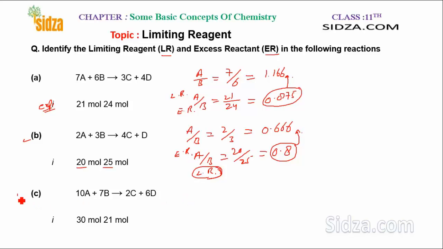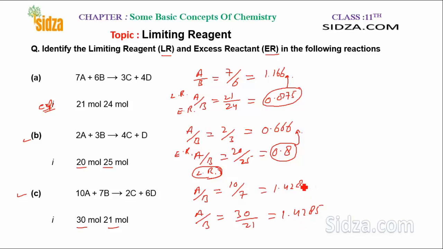And now in the third equation, we have the balanced equation ratio between A and B, that is 10/7, which is 1.428, right? The experimental ratio here between A and B is 30/21, which equals 1.4285.